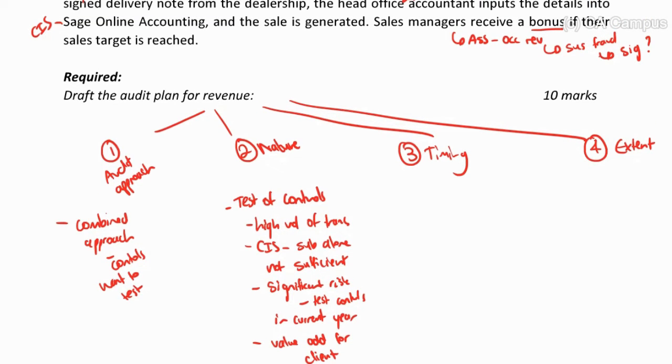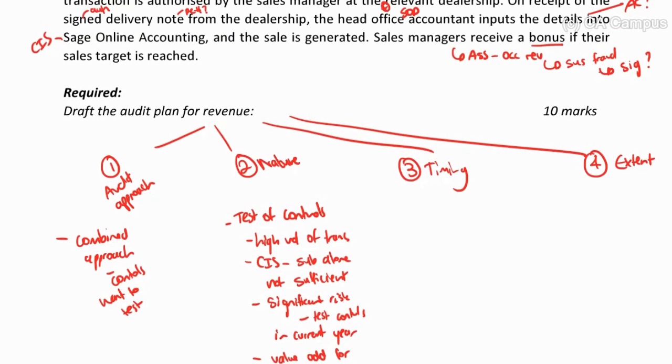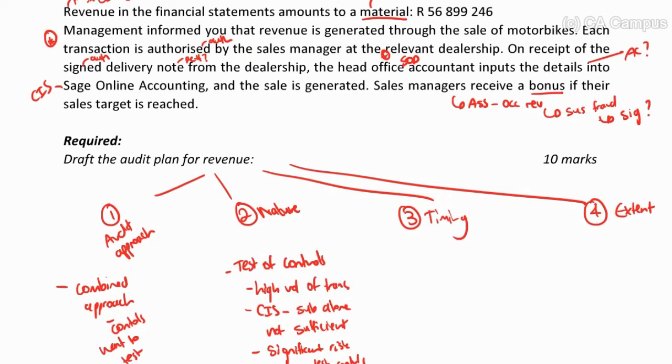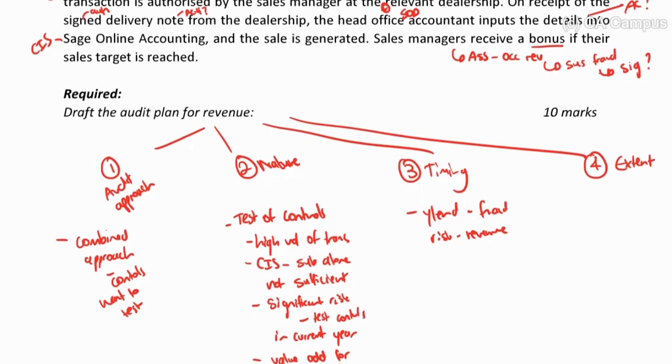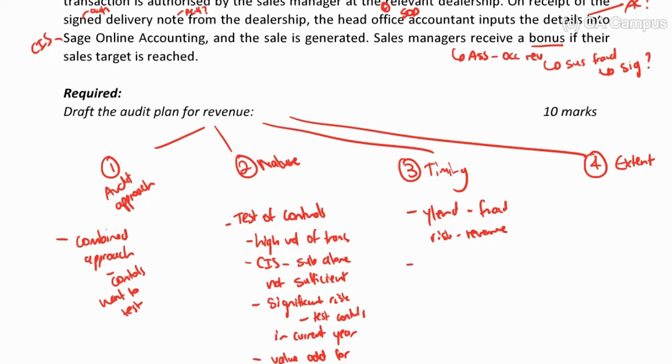Test of control, substantive procedures, and substantive are split into the two. The timing, I'm going to say, I'm going to come in at year end because there's a fraud risk associated with revenue. And there are lots of controls that I want to test, so I'm just going to say that I must test the controls throughout the period.